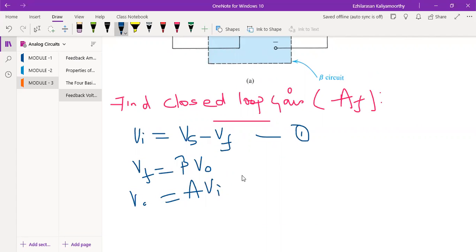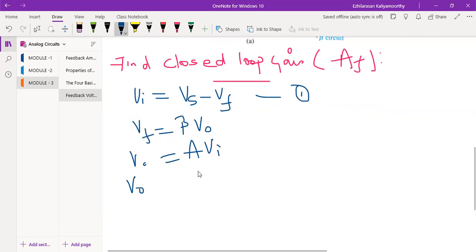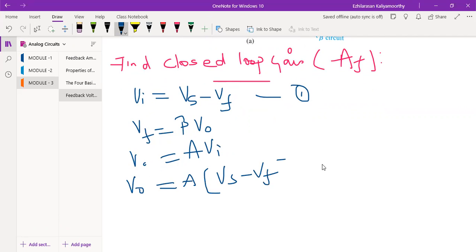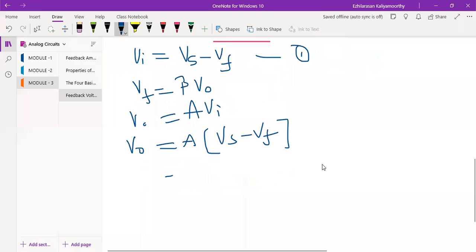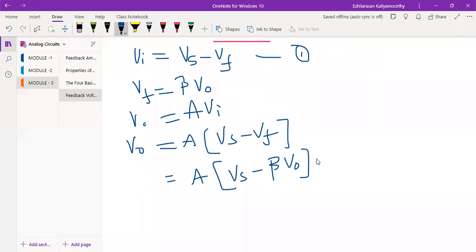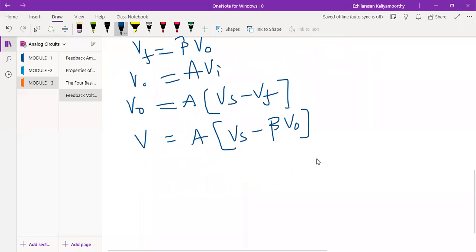Now substitute the VI, which we already have: V naught is equal to A into VS minus VF. Then substitute for VF: A into VS minus beta into V naught. Now let us rearrange this expression.